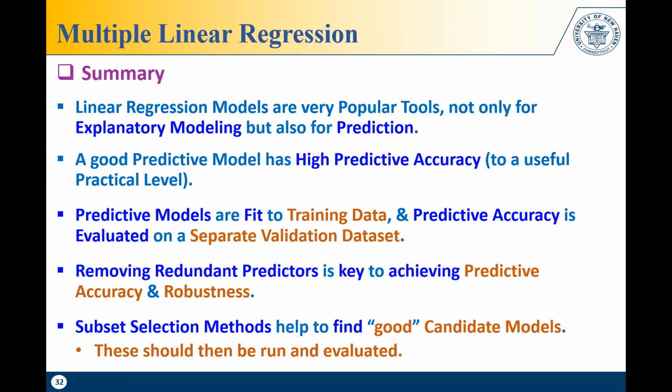Removing redundant predictors is key to achieving predictive accuracy and robustness. And finally, subset selection methods help to find good candidate models, but at the end, we need to run them, evaluate them, and select the best one.